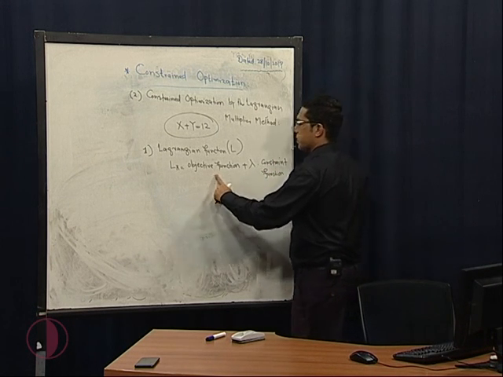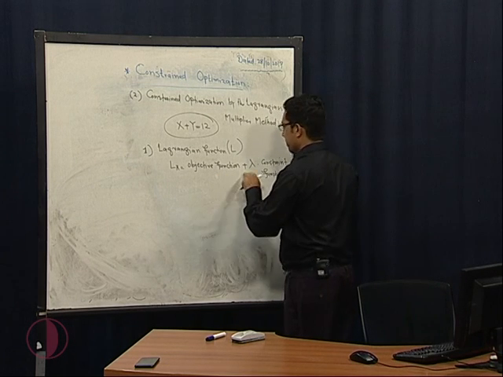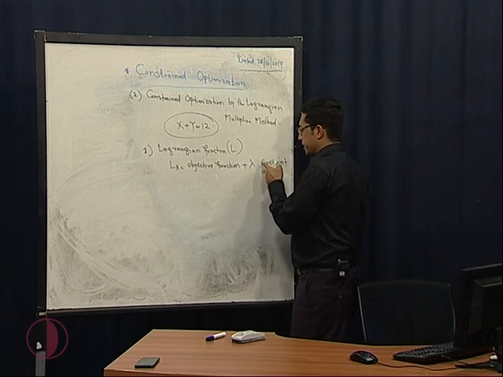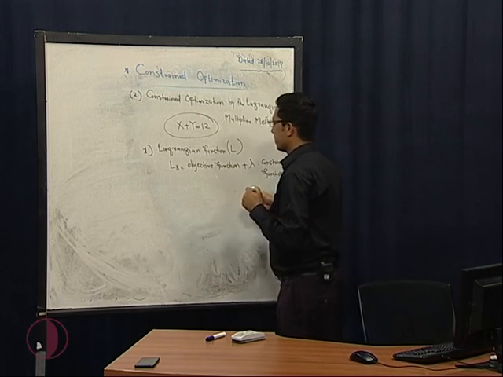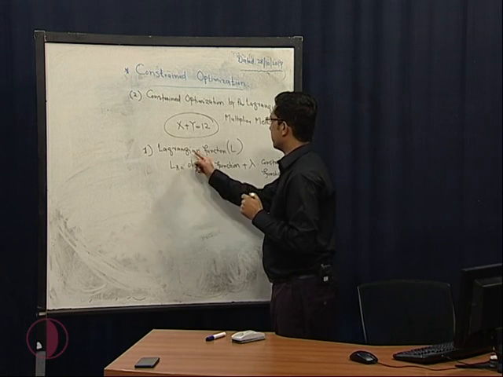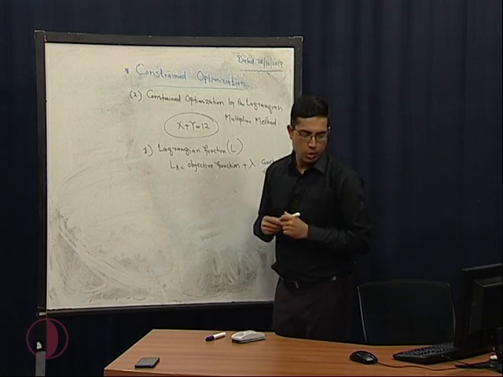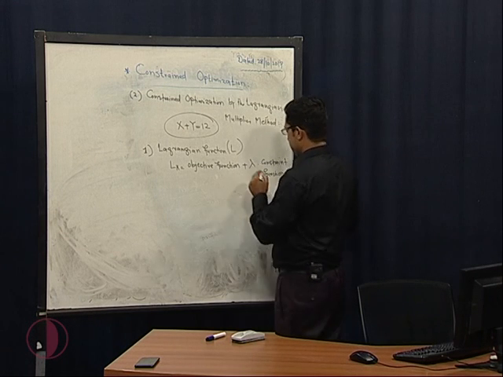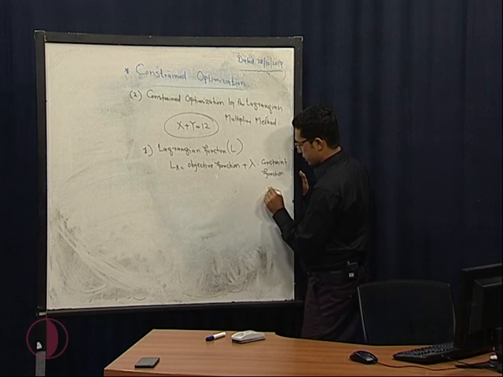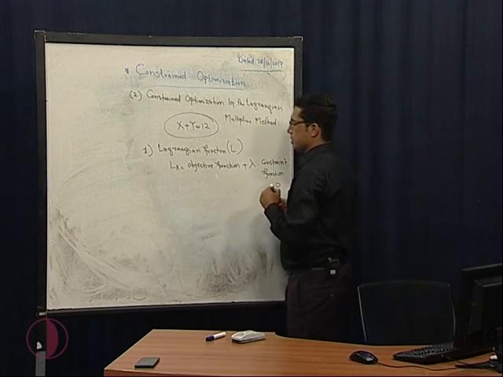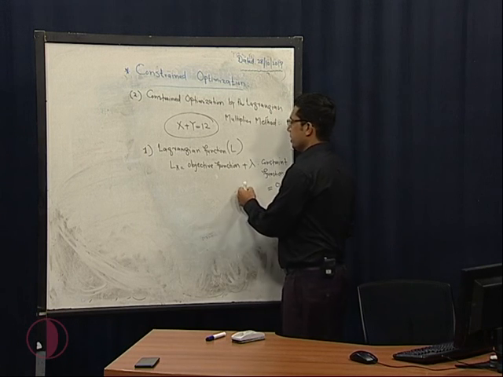We will write the objective function of the business firm plus lambda times the constraint function. In this way we can form the Lagrangian function, and then we will set it equal to 0. This is known as the Lagrangian function.